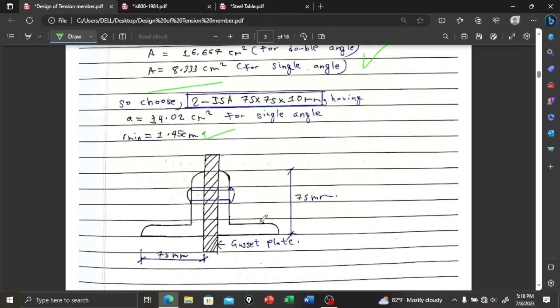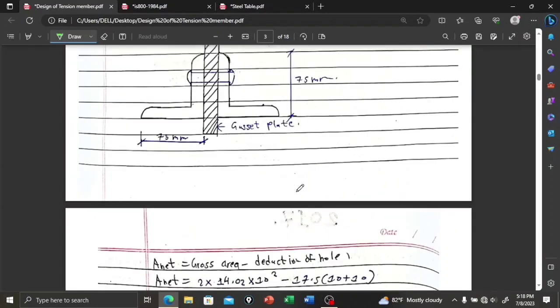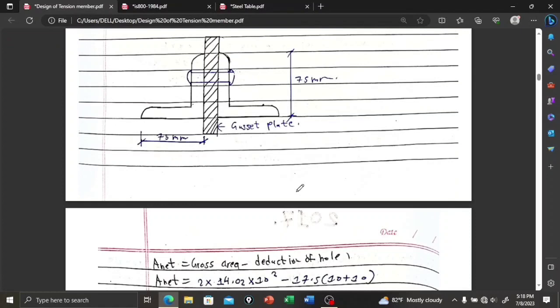So this is the figure. This is 75, and this is also 75, because it is an equal angle, and this is the rebate here, and this is a gusset plate. This is the third type of numerical.